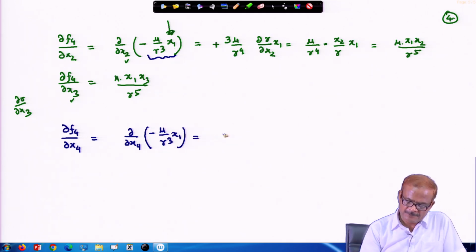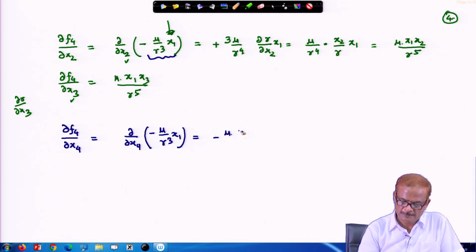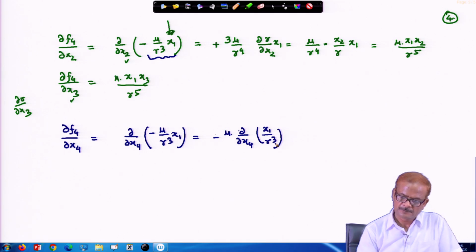So, if you look into this, you take the partial derivative. So, this gives us mu, we can take it outside, mu by x1 by r cube.